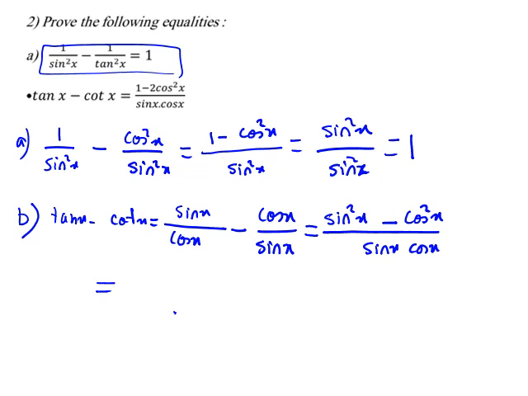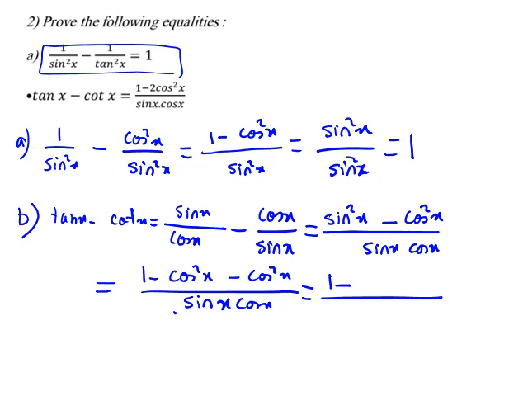The answer: 1 minus 2 cosine square. Since sine square is equal to 1 minus cosine square x, we get 1 minus cosine square x minus cosine square x over sine x cosine x, equals 1 minus 2 cosine square x over sine x cosine x. The answer is verified.